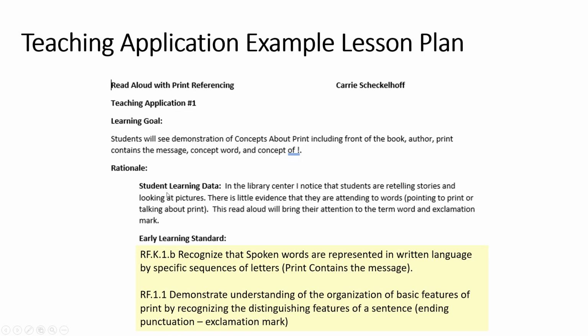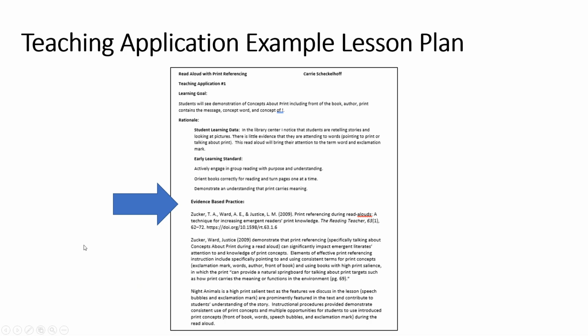So rationale has discussion of student learning data that helps you understand why you're teaching this lesson, and a standard or two that address what it is you're teaching. So we have learning goal, rationale with the two parts, data and standards, and then you're also going to have evidence-based practice in your rationale.